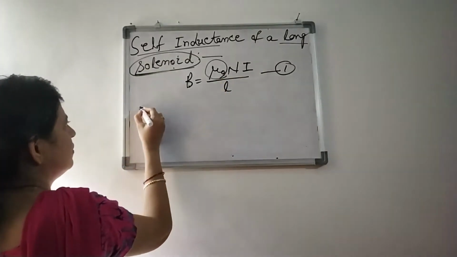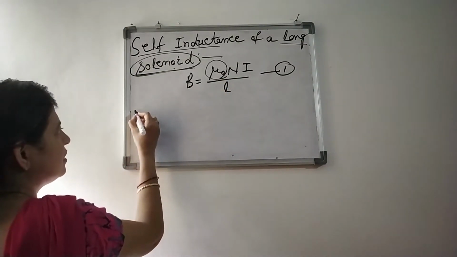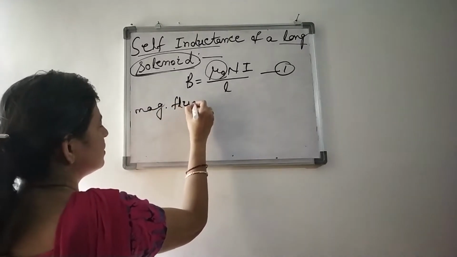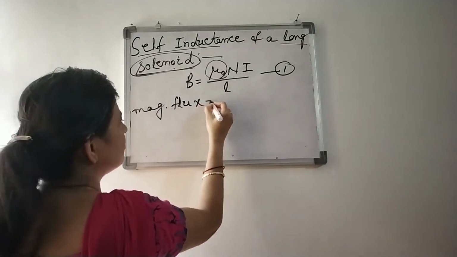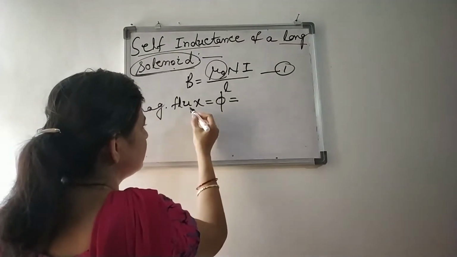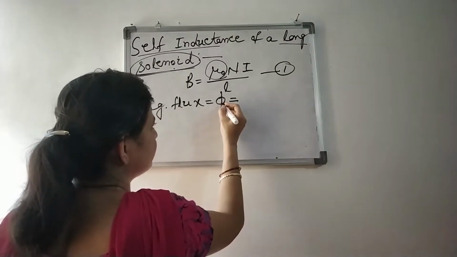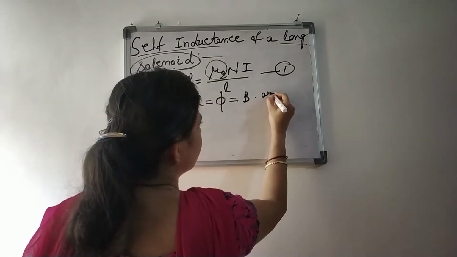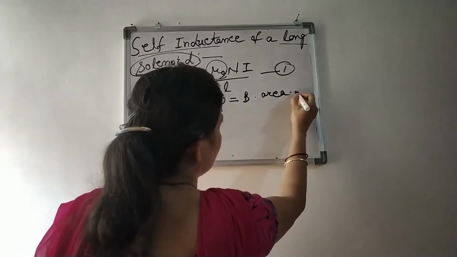Now, we can find out the magnetic flux, which is denoted by the symbol phi. According to the definition of magnetic flux, phi is equal to B into the area of each turn.